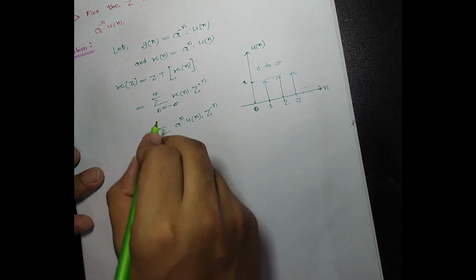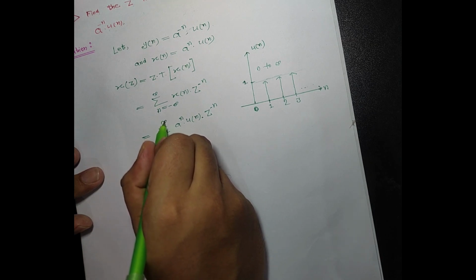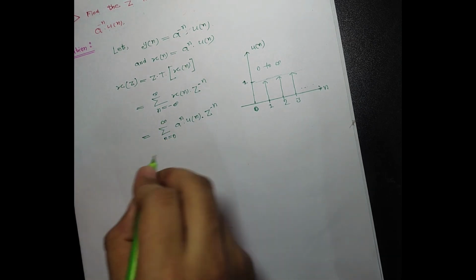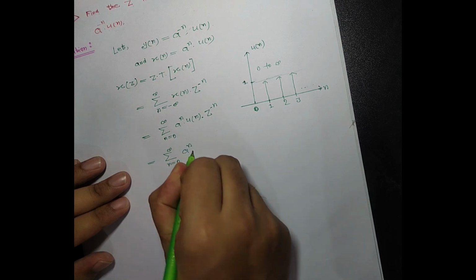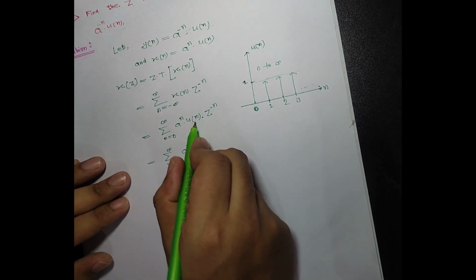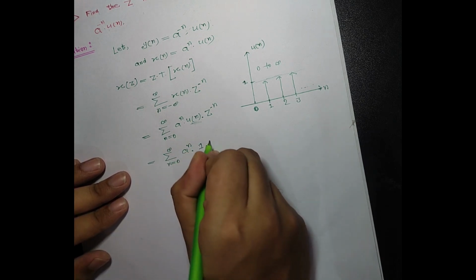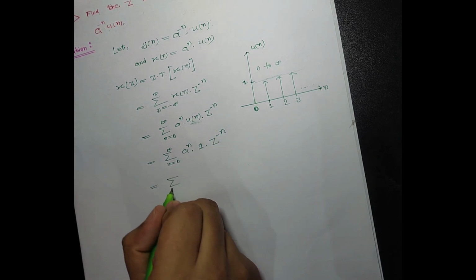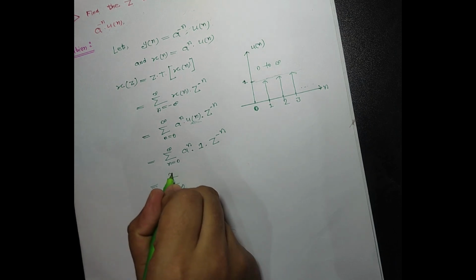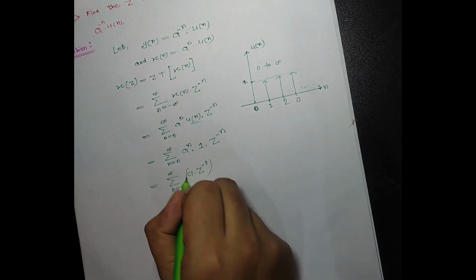That means summation of n equal to 0 to infinity a to the power n u[n], the value of u[n] unit step signal is 1, into z to the power minus n. Summation of n equal to 0 to infinity (a z to the power minus 1) to the n.